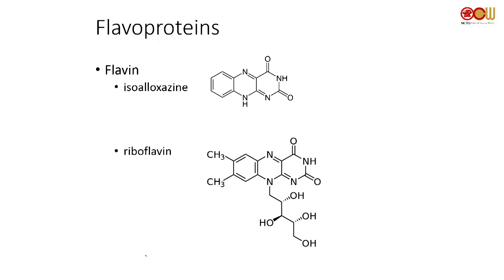Flavoproteins, flavin. Basically, you have this ring right here, and flavin, when you eat it, is riboflavin. So this is a vitamin, and essentially what it has is a ribose attached to this isoalloxazine. I can't even pronounce that. Whatever, it's a ribose attached to this.